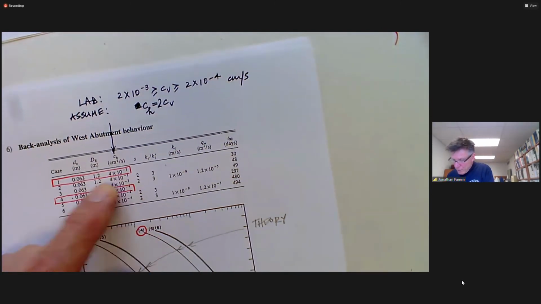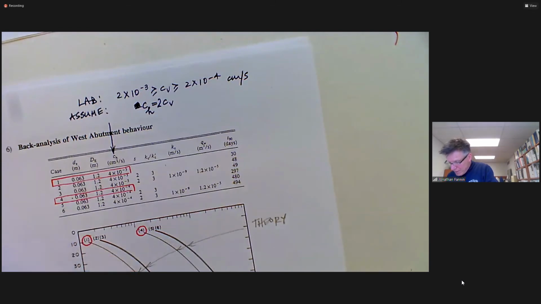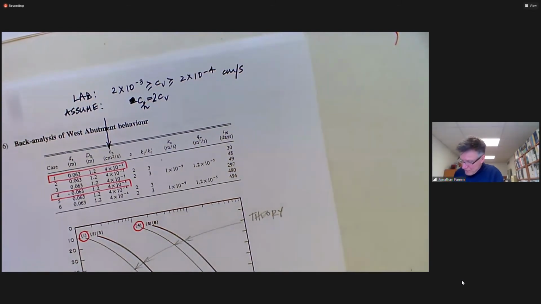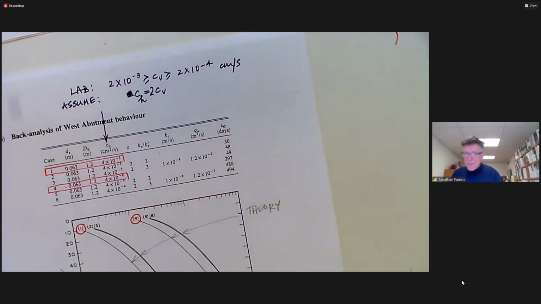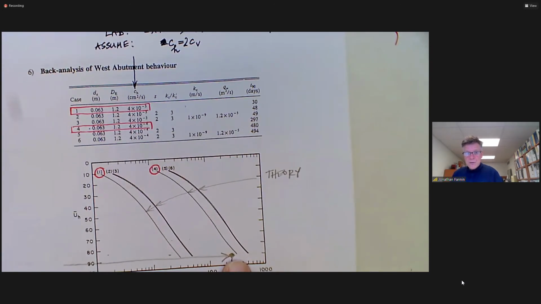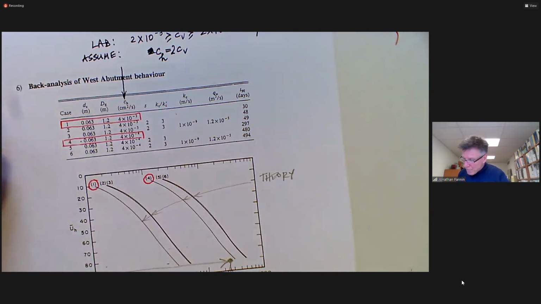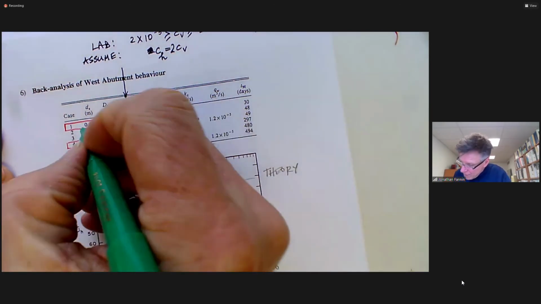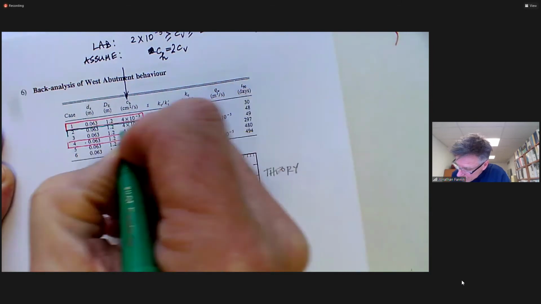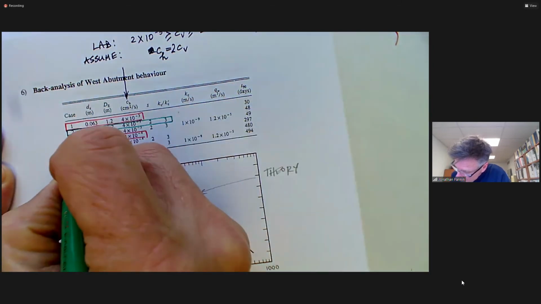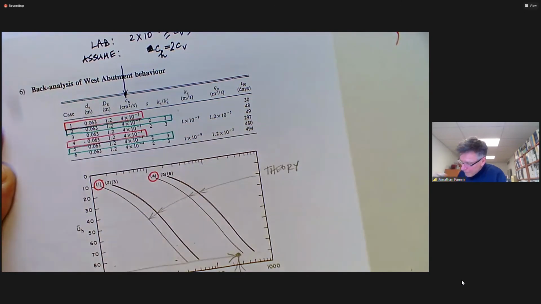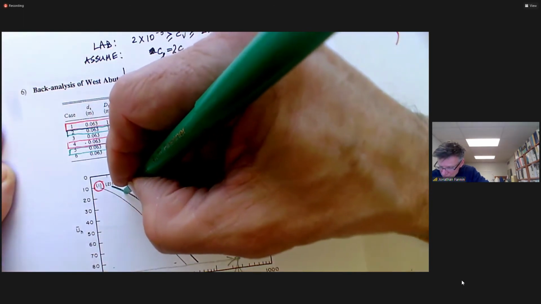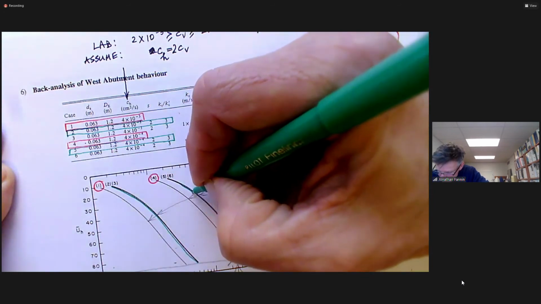If you work with the upper bound number, the higher number, you get a faster consolidation, shorter time. If you work with the lower number, you get a value not that far off the field data, actually, truth be told. And what we see is then if we modify the second one to account for smear, which is a distinct possibility, and we see that in the field, that moves us either to this one or to this one.